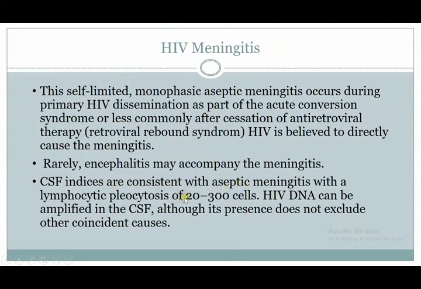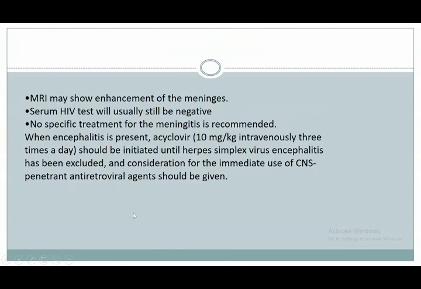CSF findings are consistent with aseptic meningitis with a lymphocytic pleocytosis of 200 to 300 cells. HIV DNA can be amplified in the CSF, although its presence does not exclude other coincident causes. MRI may show enhancement of the meninges. Serum HIV test will usually still be negative because of the acute conversion syndrome that this meningitis is associated with.